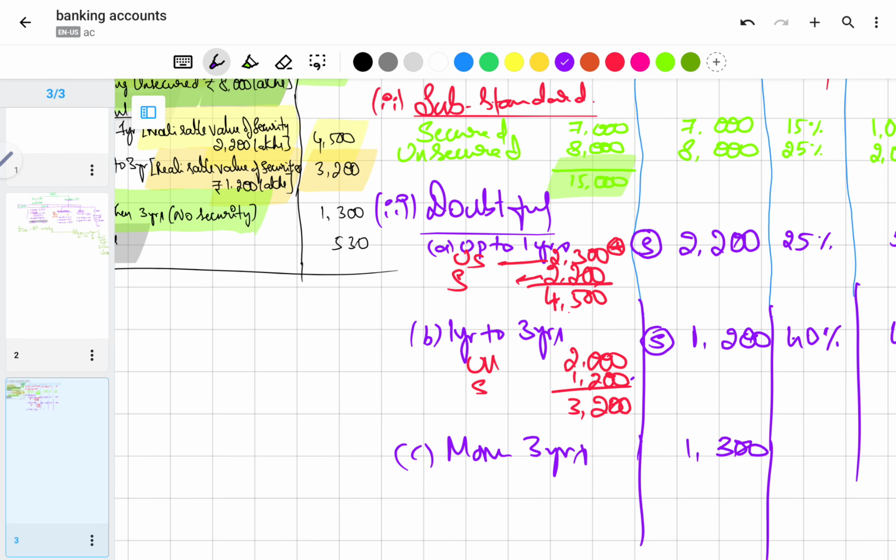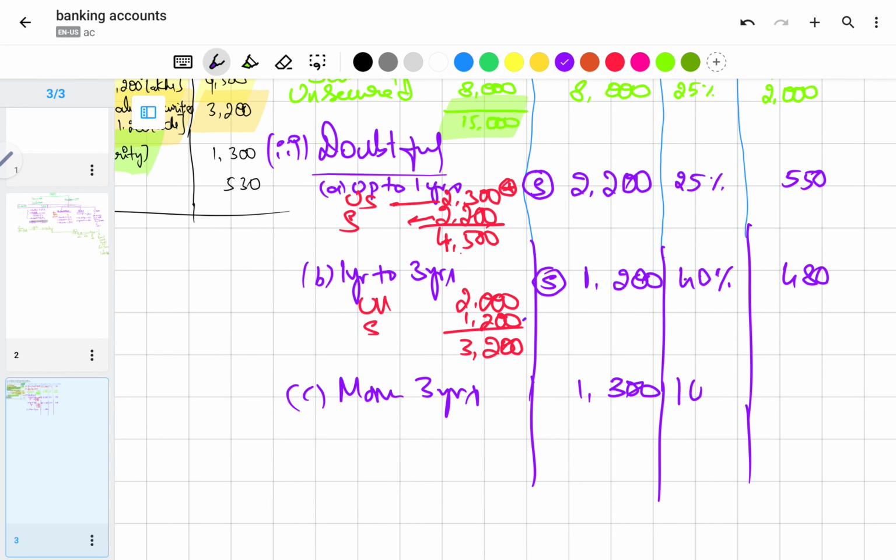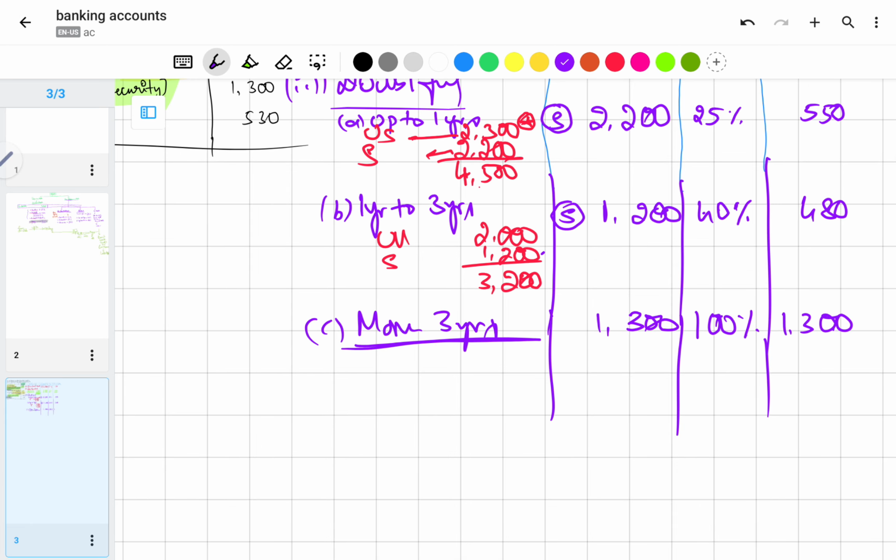This is unsecured because there is no realizable value. It is 100%. Even if it is 100% secured, what is the provision? 100%. Therefore, it doesn't matter if it is secured or unsecured in the case of more than 3 years. The amount is 1,300 lakhs.